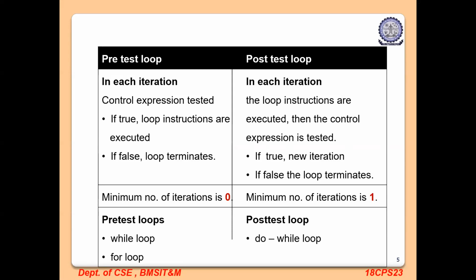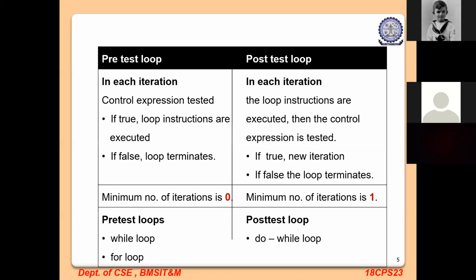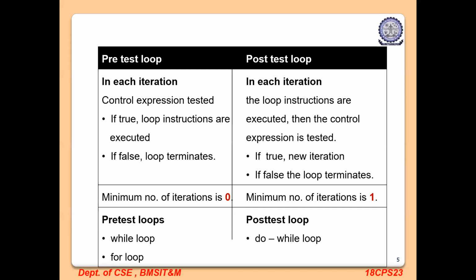In pre-test loops, during each iteration, the control expression is tested first, and only then are the statements within the loop executed. During testing, if the control expression evaluates to true, only then are the instructions executed. If it evaluates to false, then the loop terminates.